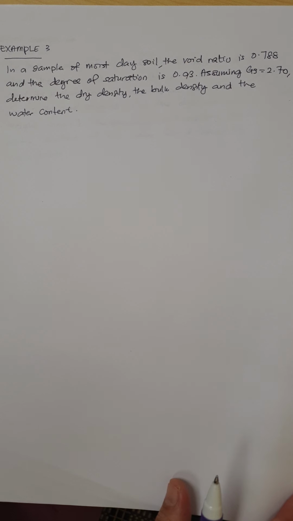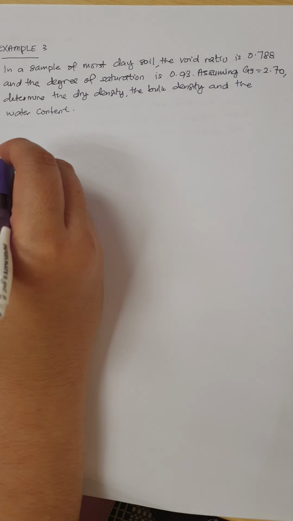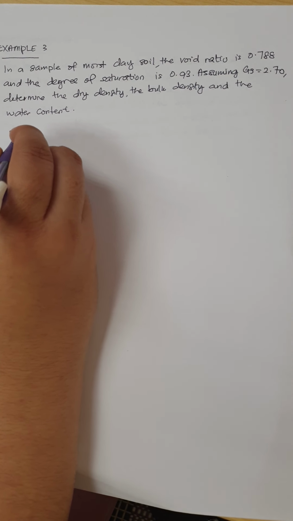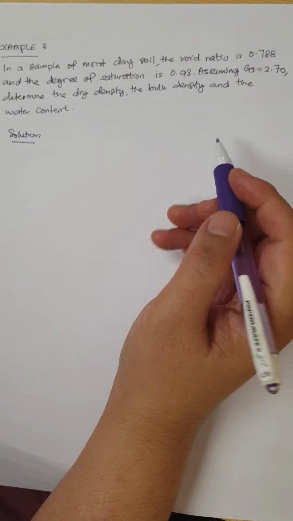Okay, the strategy is to read the question carefully, gather the important data, and then we try to answer this question. So for example 3, this is the solution. Again, you need to read carefully.